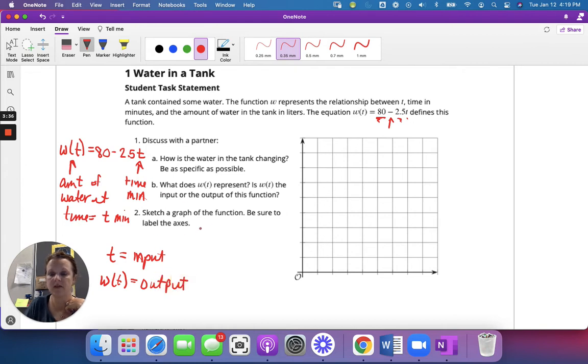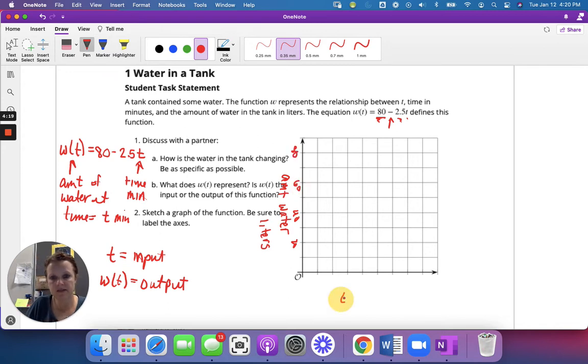Sketch a graph. Be sure to label the axes. 10, 20, 30, 40, 50, 60, 70, 80, so I can go by tens. Oh goodness, that was supposed to be an A. Amount of water, I should say the units, in liters, the amount of water in the tank, 10, 20, 30, 40, 50, 60, 70, 80.